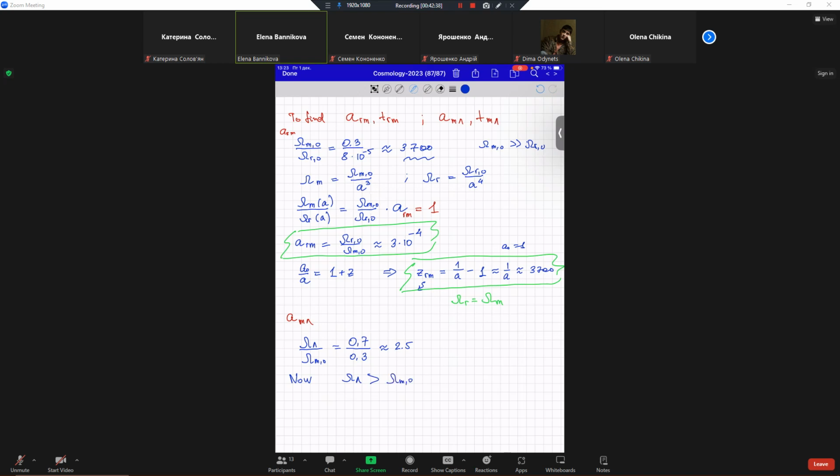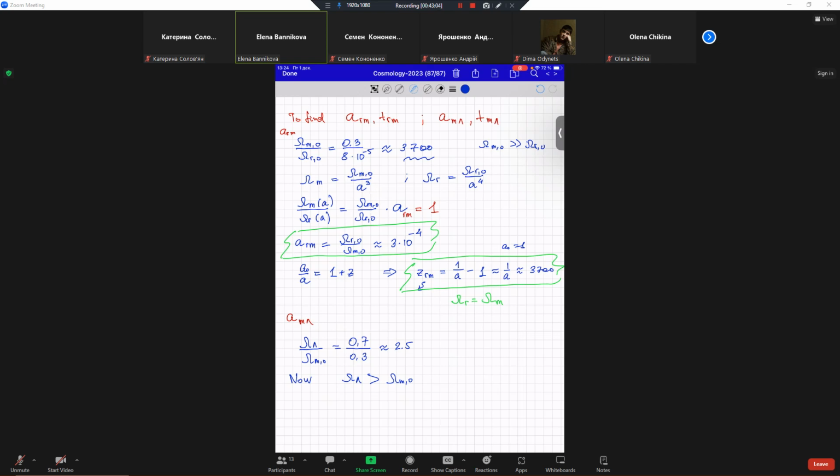We can see that for the present time the energy density of dark energy is larger than the energy density of ordinary matter. So we already understand that we are living in the stage of dark energy.